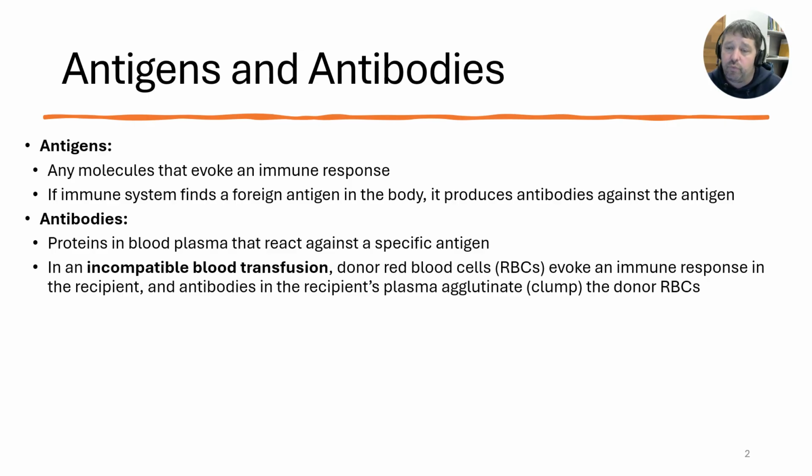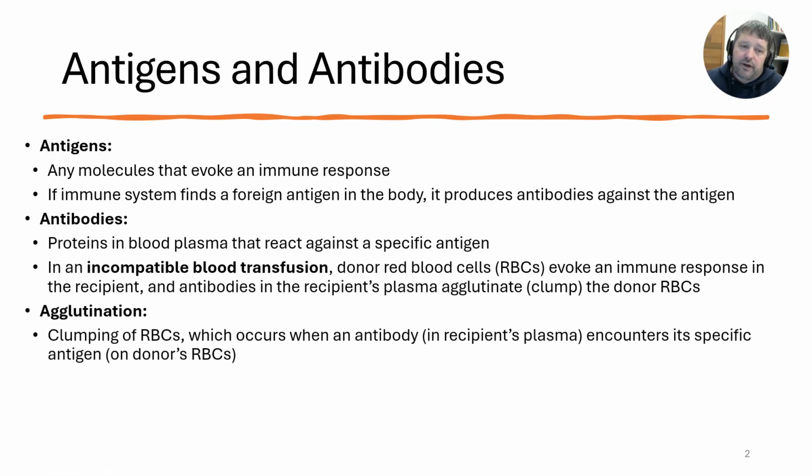When we're talking about blood transfusions, we're talking about incompatibility: one individual with an antigen on the outside of their blood being donated to another individual who has an antibody against it. That's where the agglutinated red blood cells come into play. So agglutination is the clumping of red blood cells, and it occurs when antibodies react to the antigen on a donor cell.